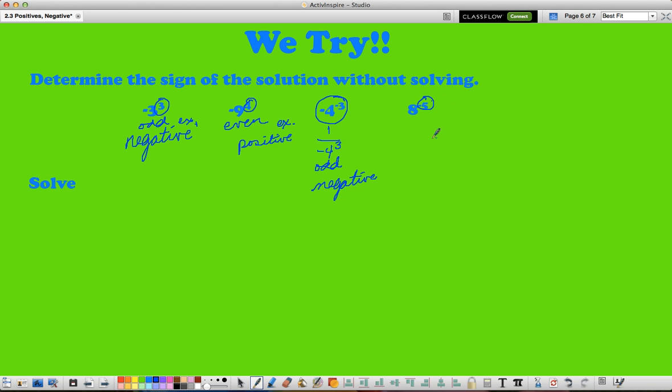Again, it's a negative exponent, but it's a positive base. So it has to be a positive solution. Okay, the negative in the exponent does not determine the sign of the solution. That just means that it'll be a fraction.